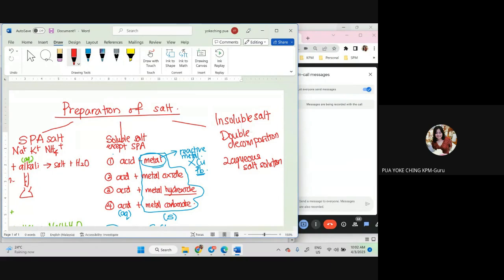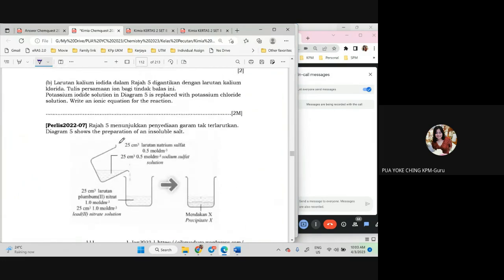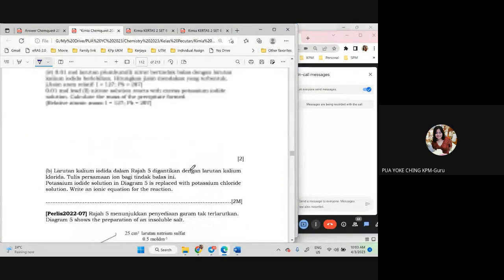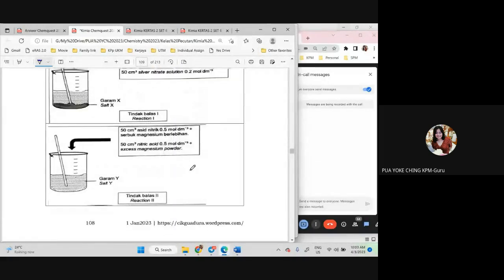So you kena ingat this concept so that you can know very well which one to choose. Sebab dalam exam yang akan keluar, kita tak tahu mana satu. So like this one. Okay, so ada banyak soalan dekat sini.